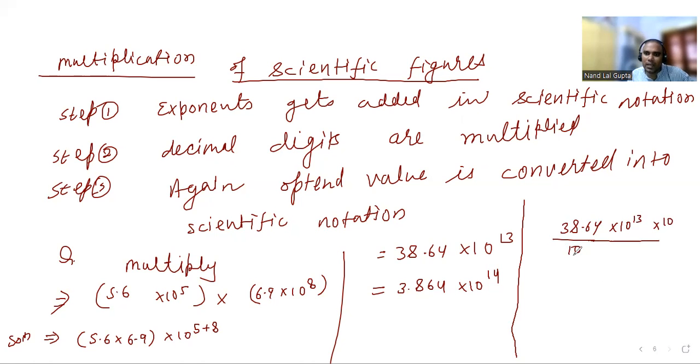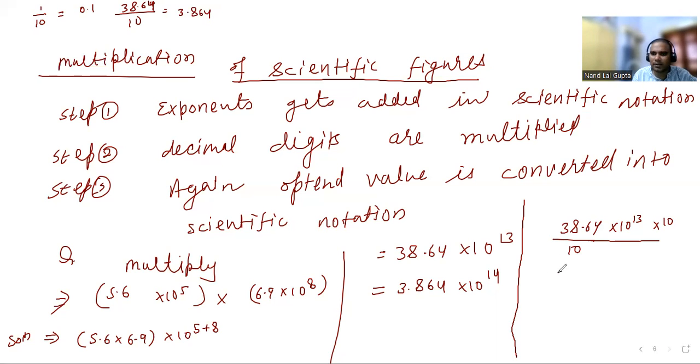So now see, if you divide 1 by 10, the decimal will be 0.1. Yes or no? Yes, sir. If you divide 38.64 by 10, how much will you get? The decimal will shift this side. 3.864. Yes, sir.